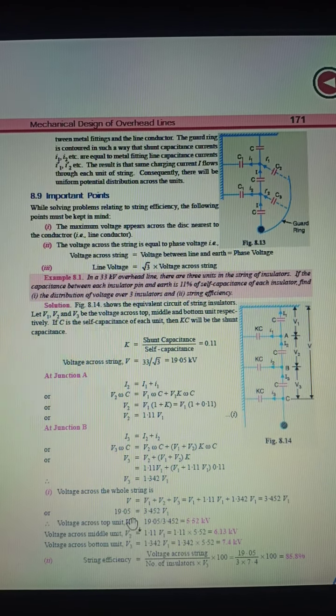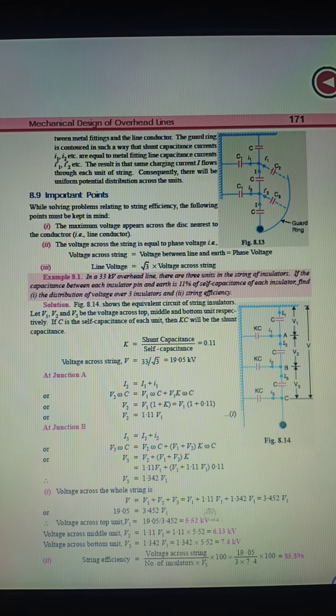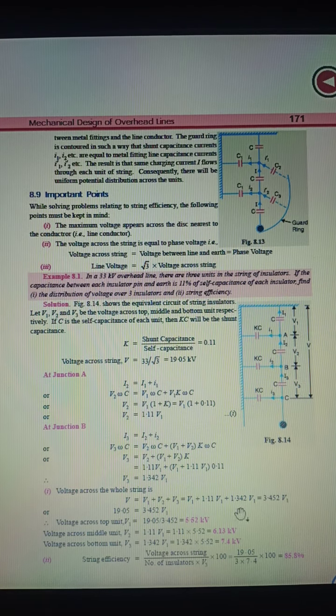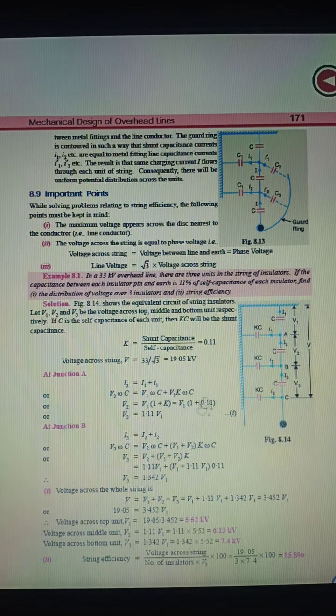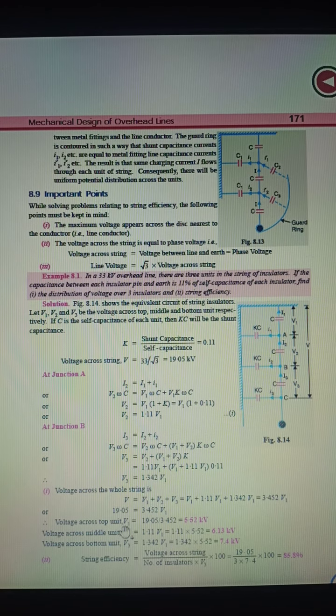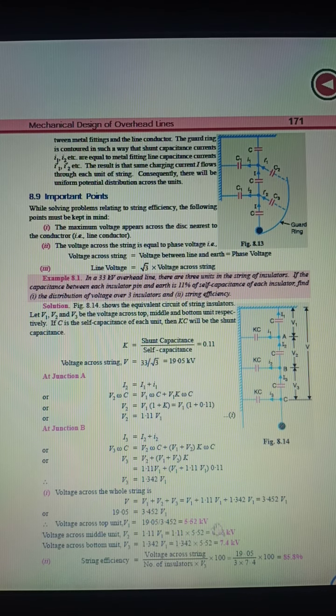The final voltage is V1 plus V2 plus V3. Using these equations, we get 19.05 equals 3.45 V1. Putting the value in these equations, we get the voltage of the top unit V1 equal to 5.52, the middle unit V2 equal to 6.13, and the bottom unit V3 equal to 7.4 kV.